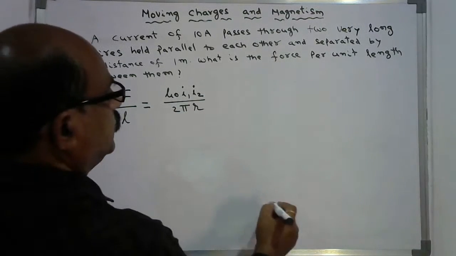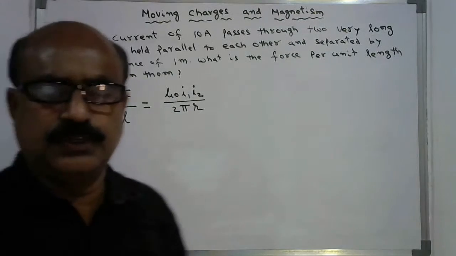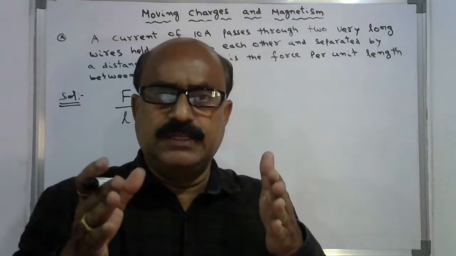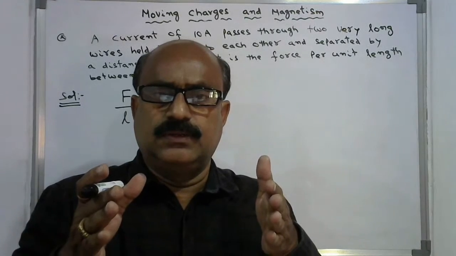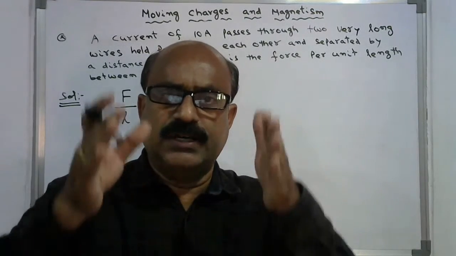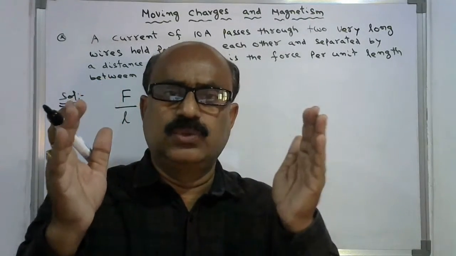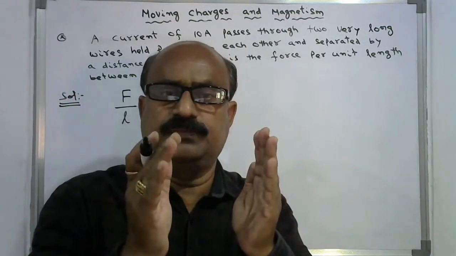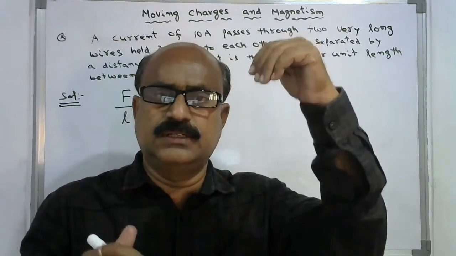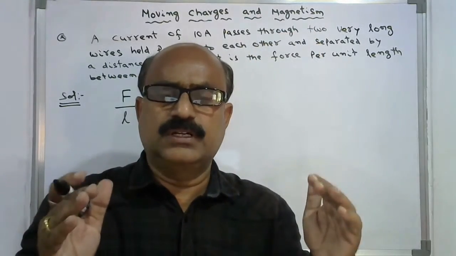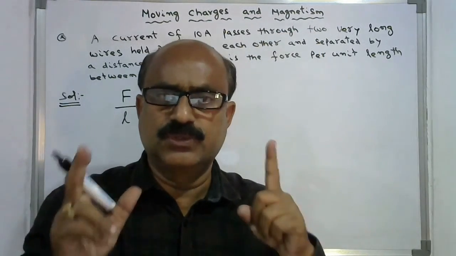The one thing we have to remember: if the currents in two conductors are passing in the same direction, then the two conductors will attract. If the currents are in opposite direction, the force between the two conductors is repulsive. This is most important.